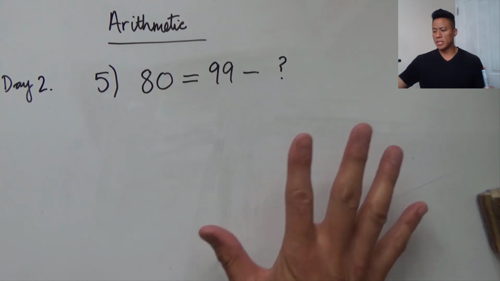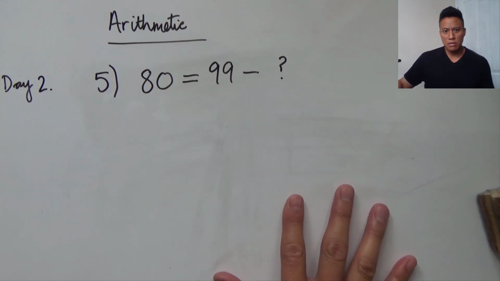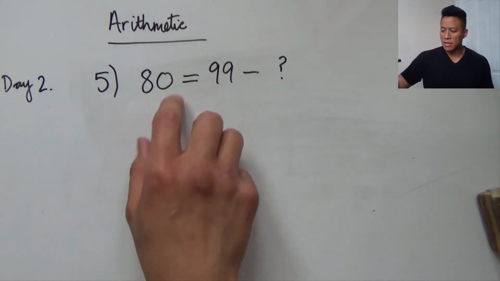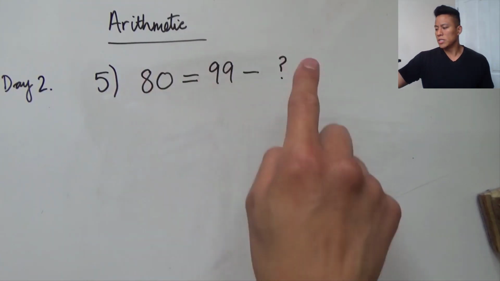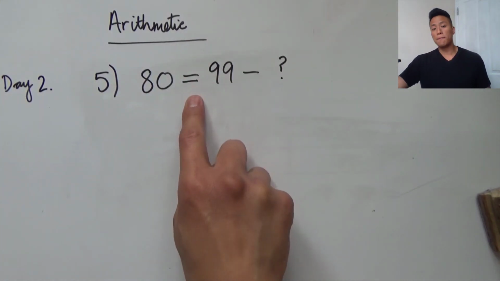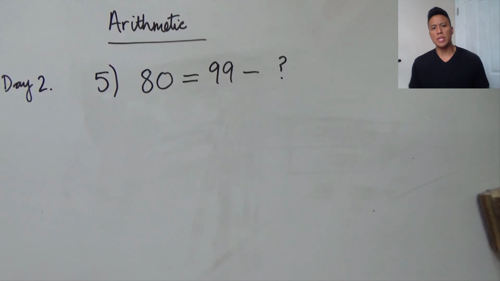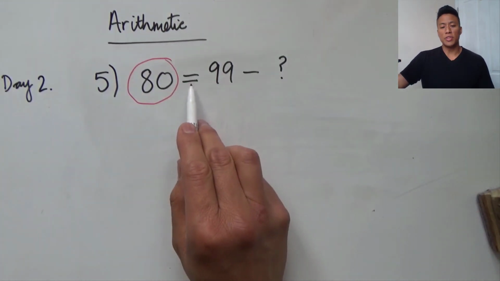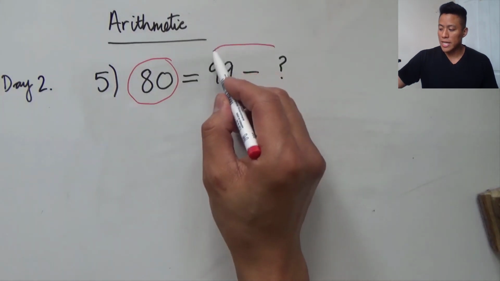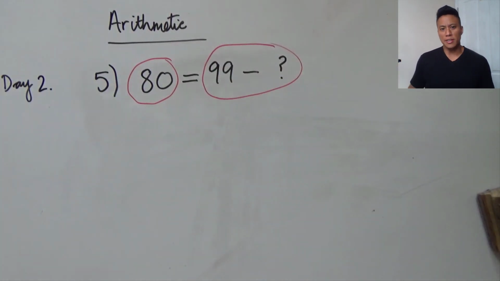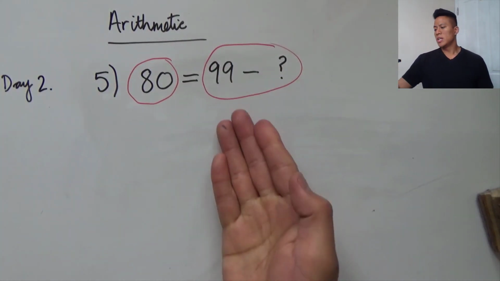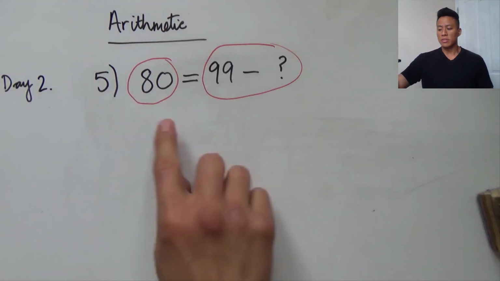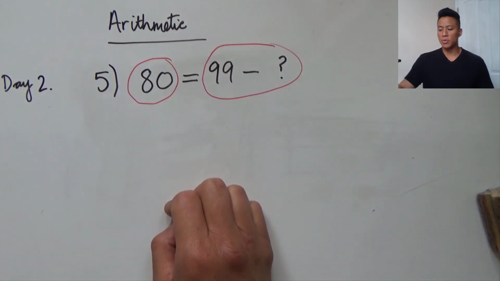Some of you might be thinking that looks crazy because I normally have a number by itself on this side of the equal sign. It doesn't really matter which way it goes, because we know that everything on this side of the equal sign is going to be equivalent to everything on the other side. So 99 subtract whatever is going to be equivalent to 80.